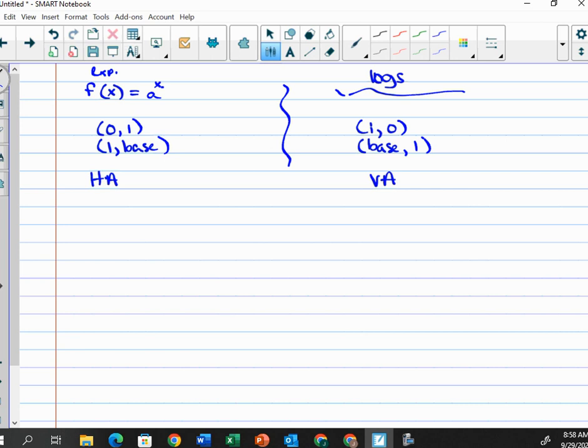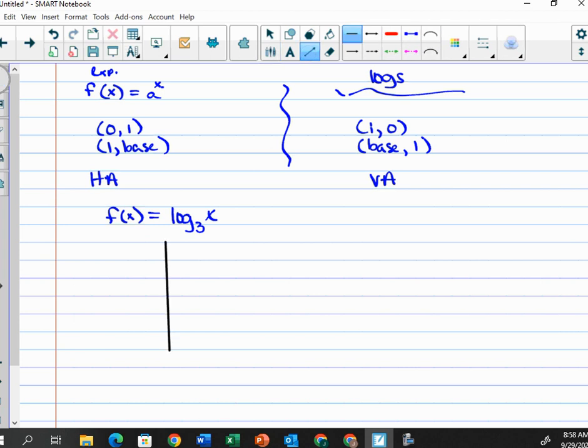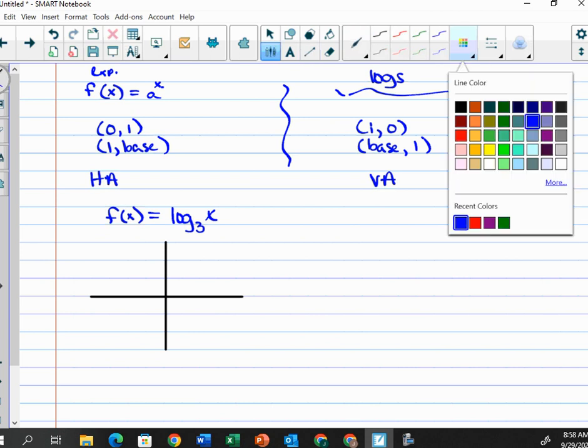Okay, so let me just show you one. This is not a numbered example, guys. So if it's log base 3 of x, what am I going to graph?